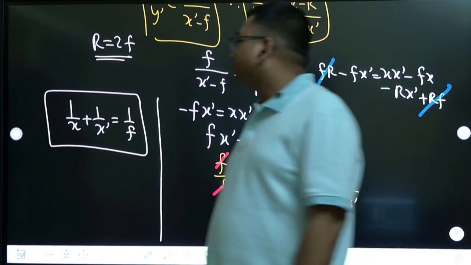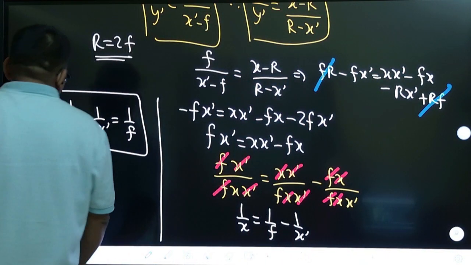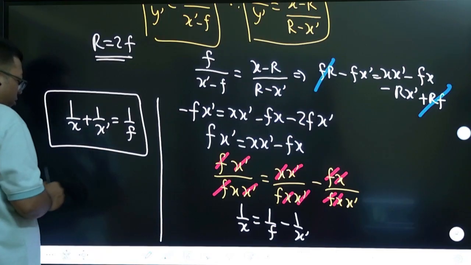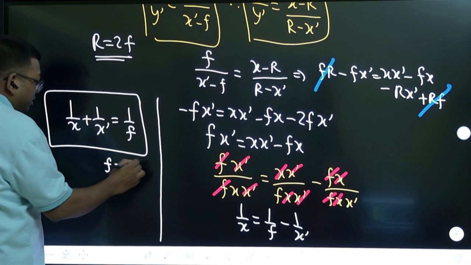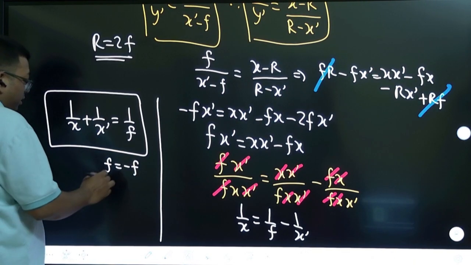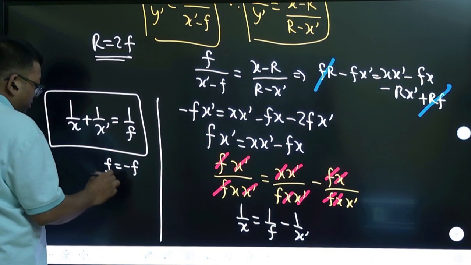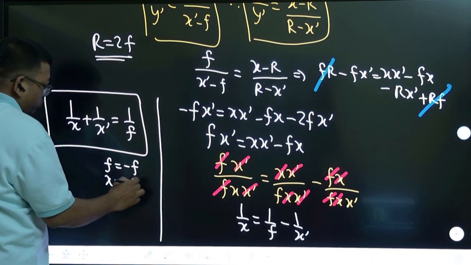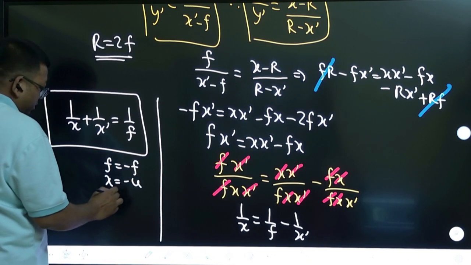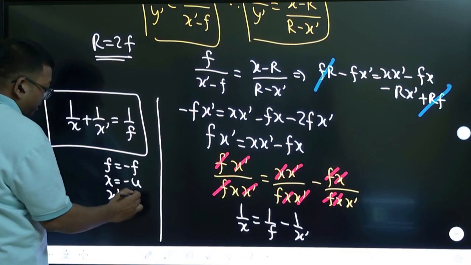So suppose I consider a proper sign convention. For concave, focal length I will write as minus f, and object distance x I will write as minus u. Image distance x dash is also on the left side, so minus v.